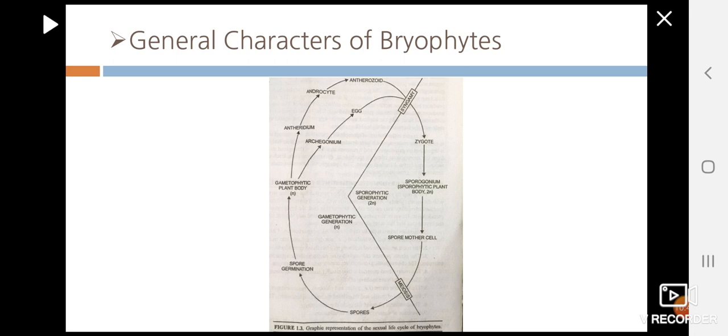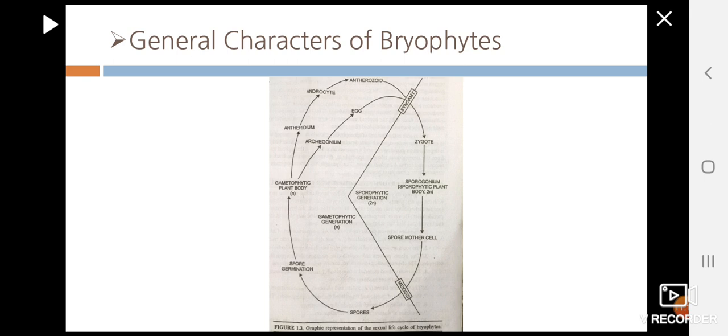First of all, the gametophytic generation or phase starts with the germination of spores. The gametophytic plant body produces the sex organs, antheridia and archegonia.